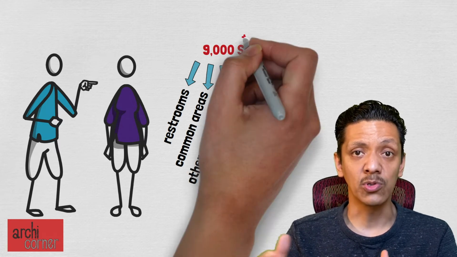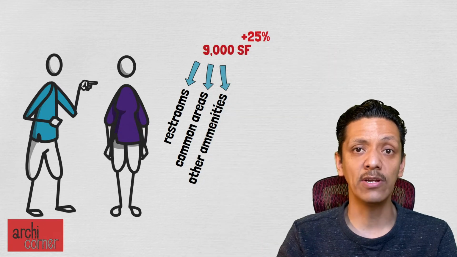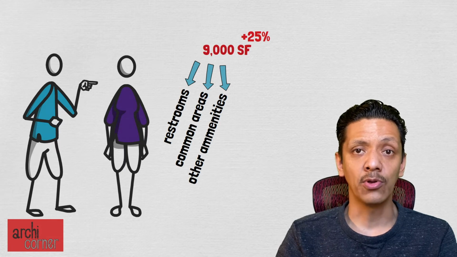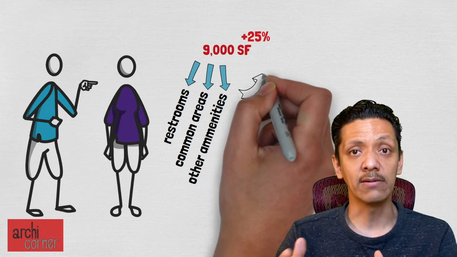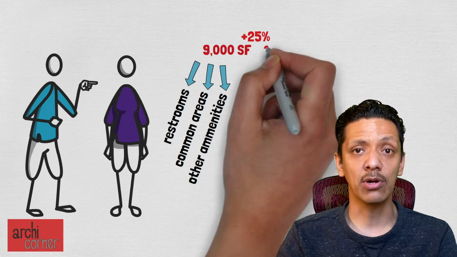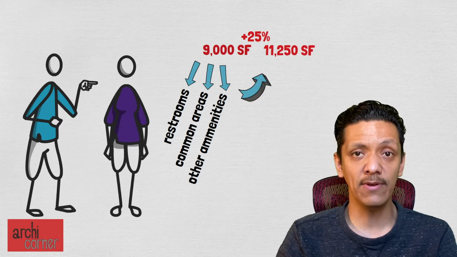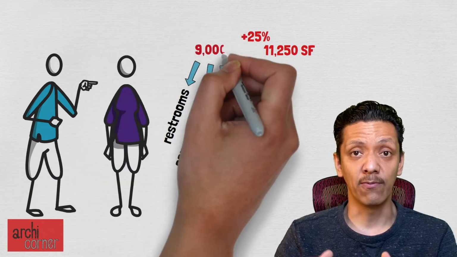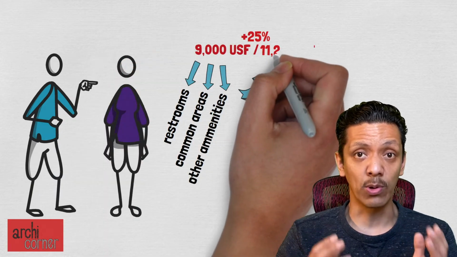Therefore, to make up for those spaces, I'm going to tack on a 25% load onto your square footage. Therefore, although your office space is only 9,000 square feet, I am going to charge you 11,250 square feet.